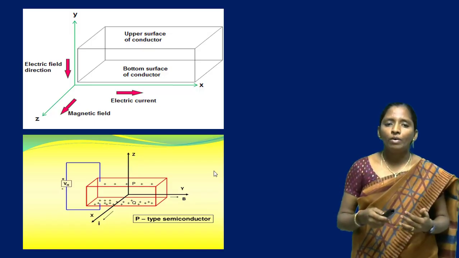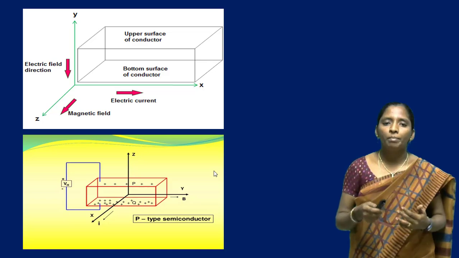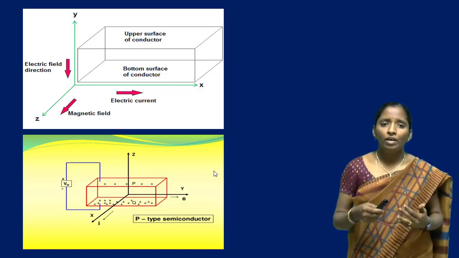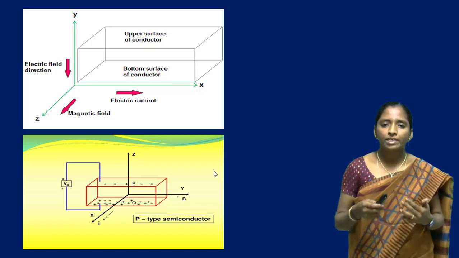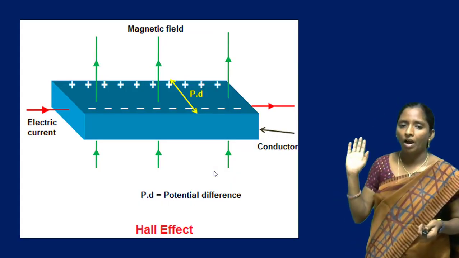To find out whether it is a p-type or n-type semiconductor material, consider first the case where the majority charge carriers are electrons and the minority charge carriers are holes. After applying the magnetic field perpendicular to the electric field direction, the majority charge carriers are electrons. This is the diagram for the Hall effect.